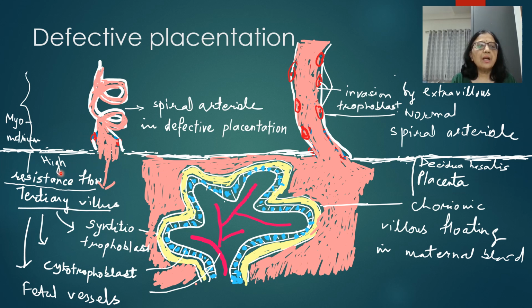That is the reason there is a high resistance flow, what we call chronic placental insufficiency. Blood is not flowing freely because of the constricted part of the spiral arteriole, which leads to the development of high resistance flow.